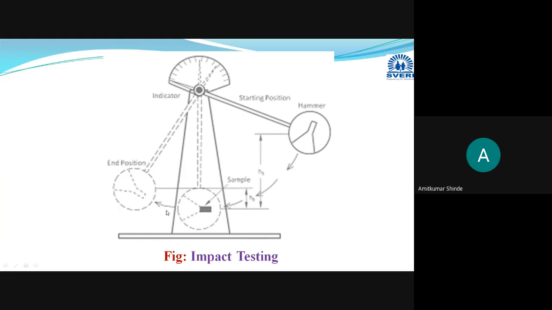And with the help of this indicator, we will take the readings, or indirectly it will provide you the energy absorbed by that particular material under test, prior to the fracture due to the impact created by this hammer. That will be nothing but the toughness of that particular material. Okay, this will be the schematic arrangement here.